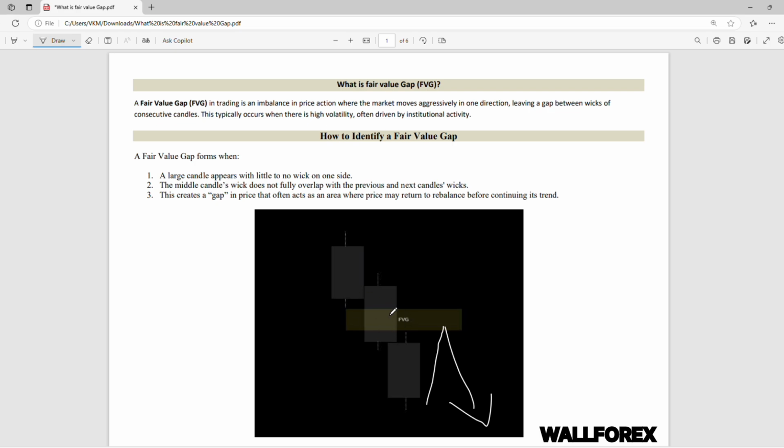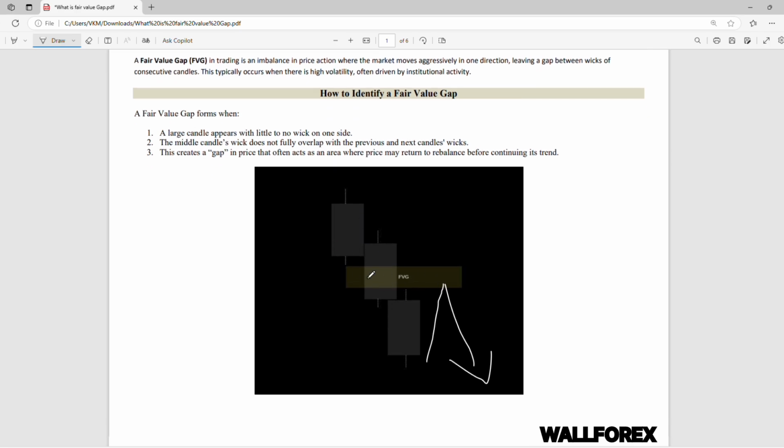The middle candle's body does not fully overlap with the previous candle's and next candle's wicks. That's how the fair value gap forms.